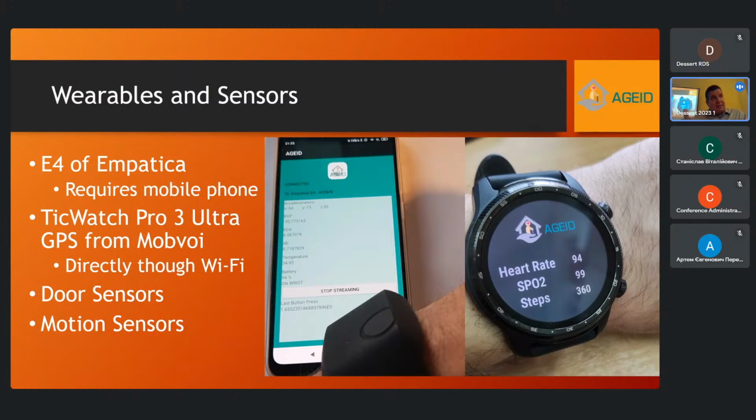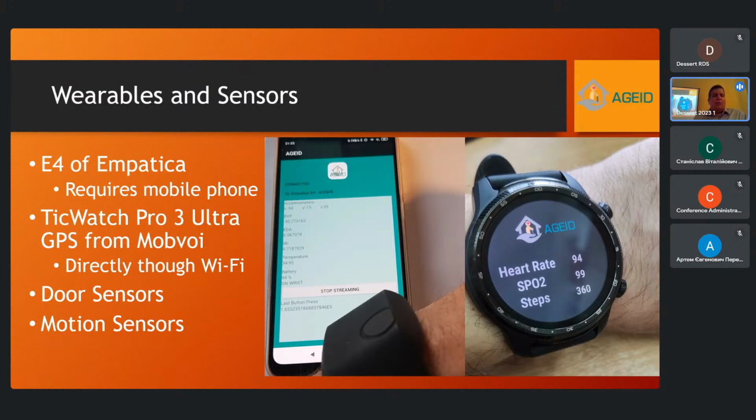But there are others who can have a mobile phone, and the second one, the Empatica solution, uses the mobile phone and cannot send data directly through Wi-Fi to a server. So we selected these two different devices.